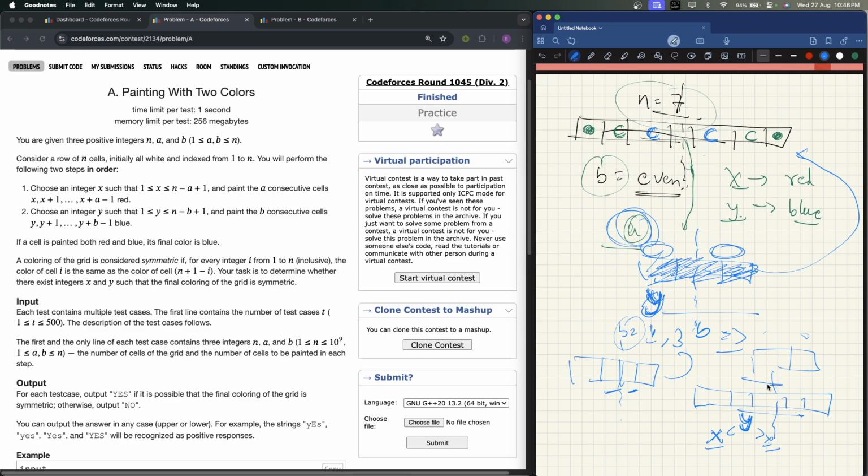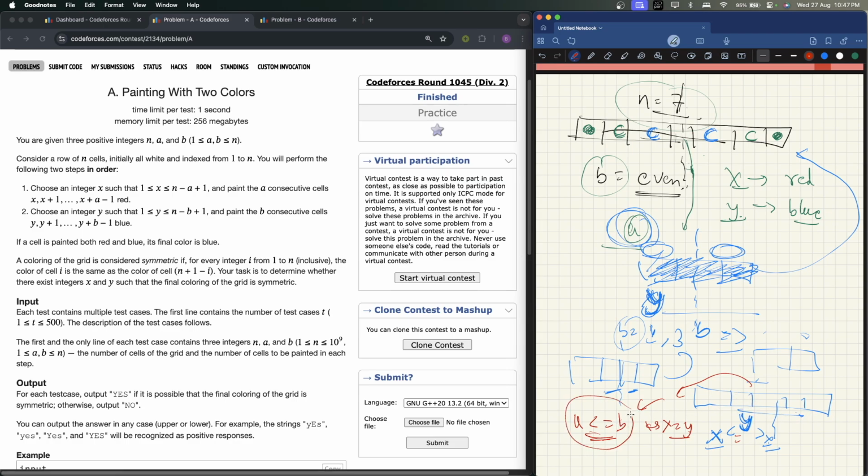We have to distribute from the midpoint, but here we have some advantage. We don't have to check the parity of a in the case when the size of a is less than or equal to the size of b, because we can choose the same x equal to y here. Our array will be symmetric, and choosing the same y gives me the blue color.